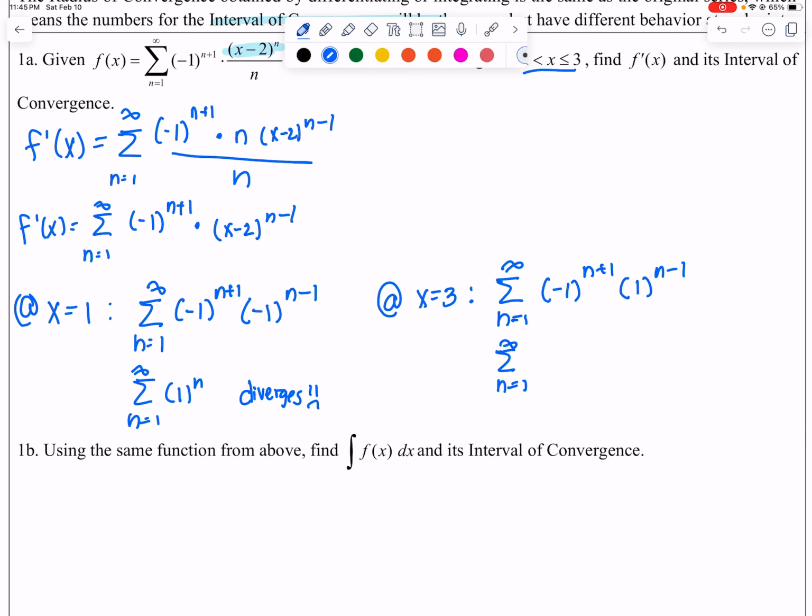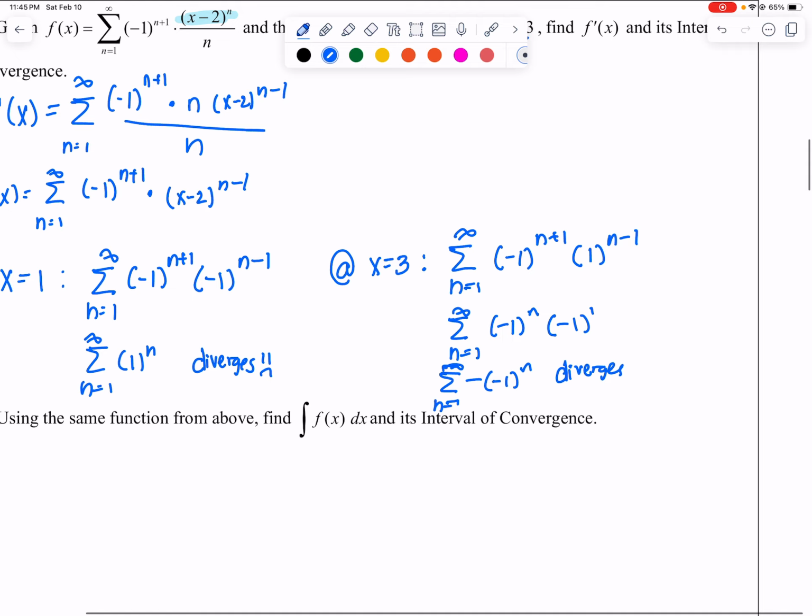I'm going to break this down so that I have negative 1 to the n, and then negative 1 to the 1, which is just negative 1. So we have negative, and then negative 1 to the n, and unfortunately this one also diverges.